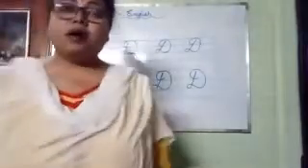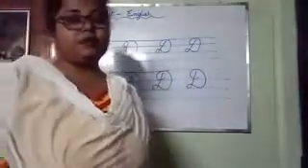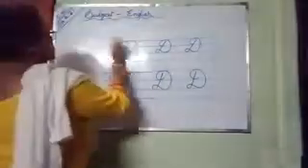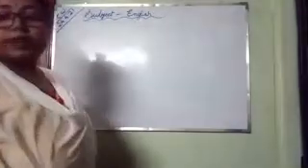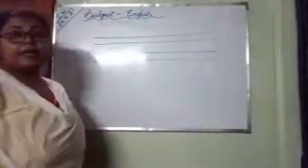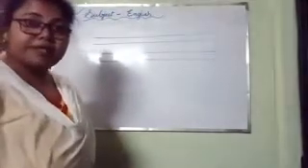Next, now handwriting practice. Last time, you did 2 words. What are those 2 words? A-N-T ant and B-A-T bat.